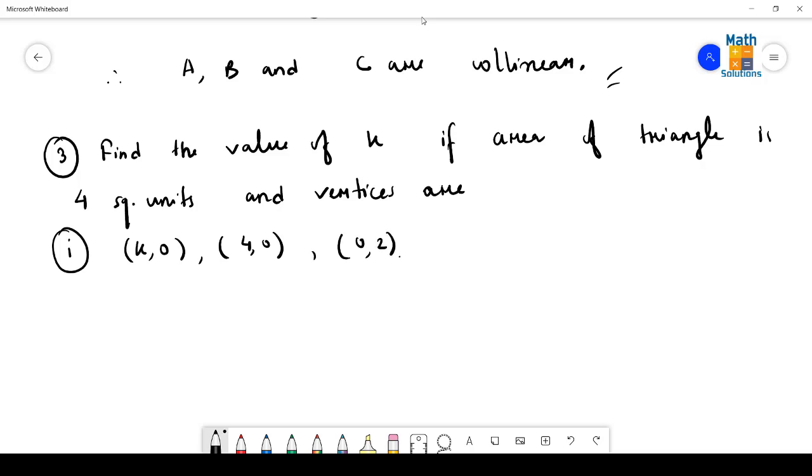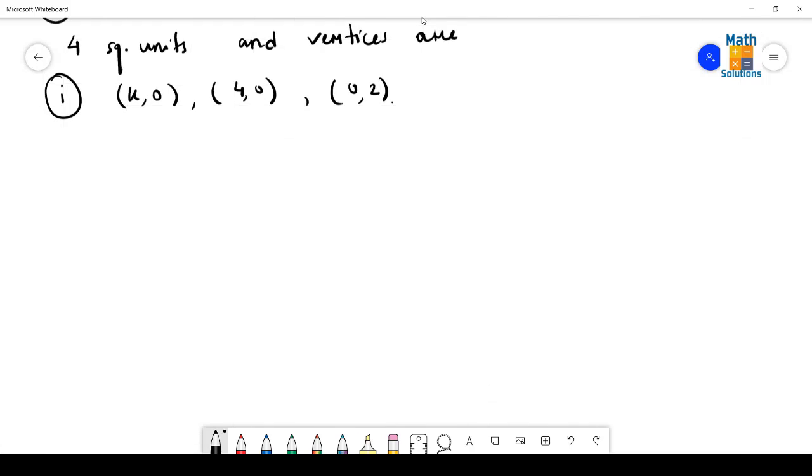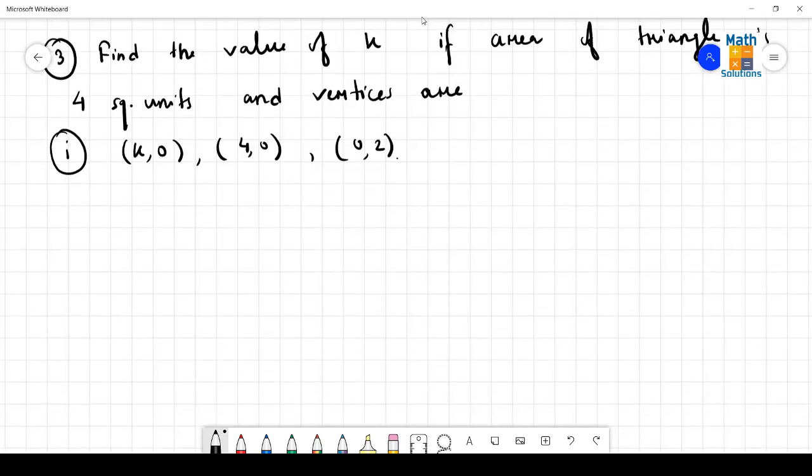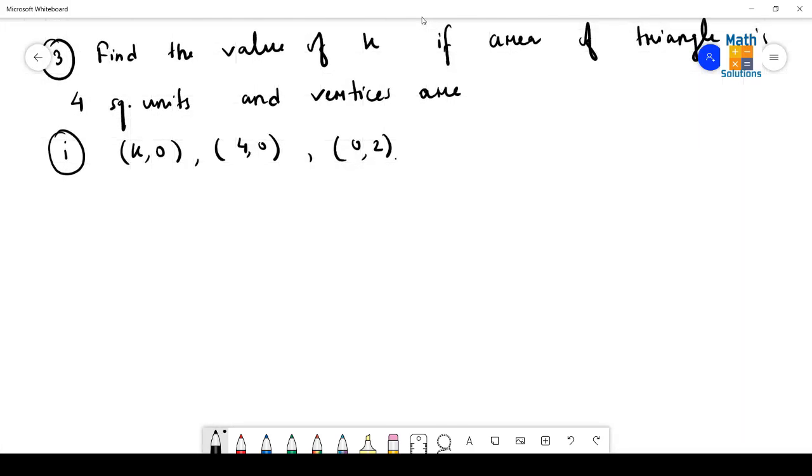So here in this case, area of the triangle is given and vertices are also given, but amongst these vertices there are some unknown terms. So we have to find out value of this unknown term k.